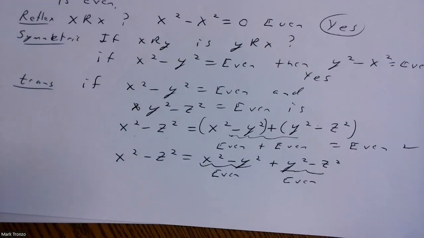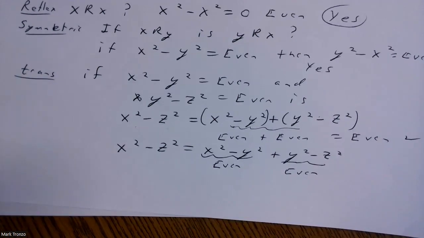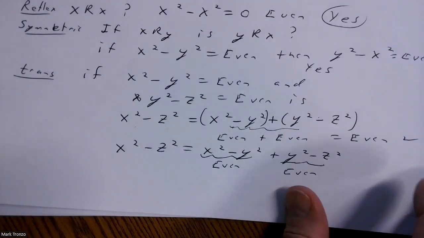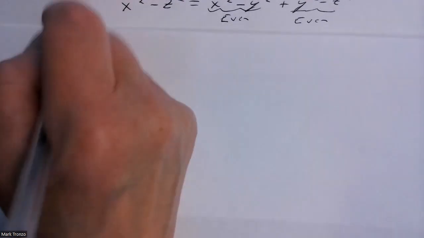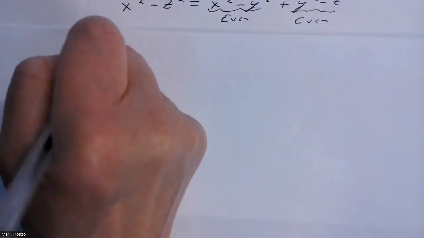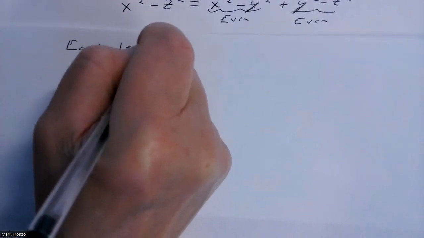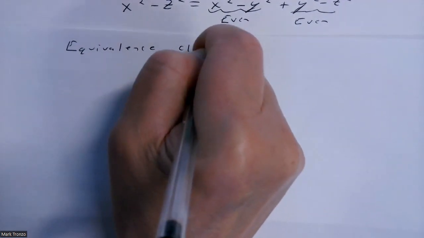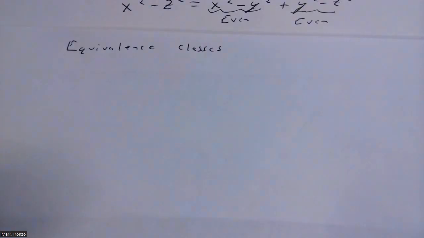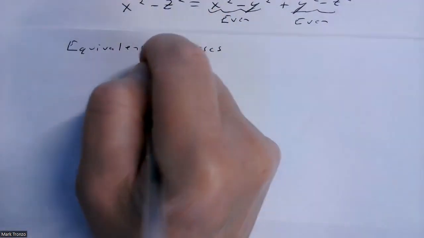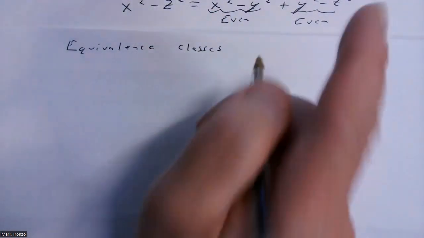And then again, what are the equivalence classes this time? So again, if you square an odd number, you get an odd number.